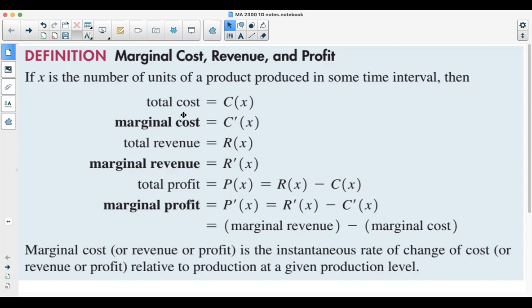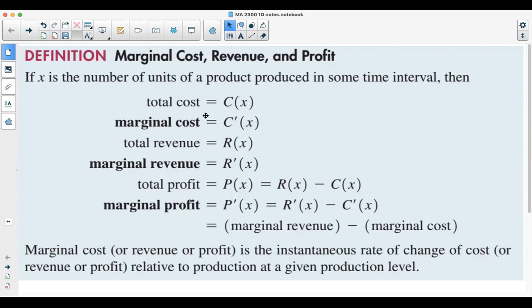So essentially, let us say I have some function that represents the total cost of making something, and then the marginal cost will be how much more it will take for one more unit at a time.